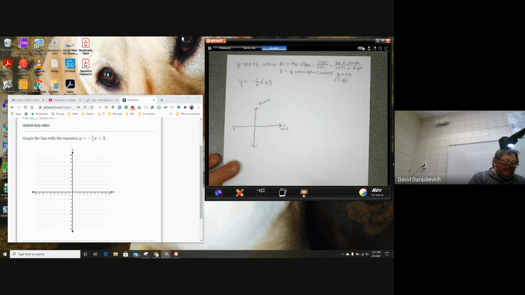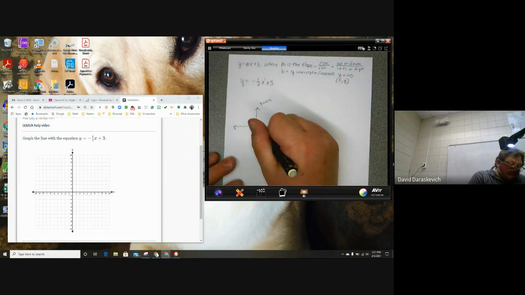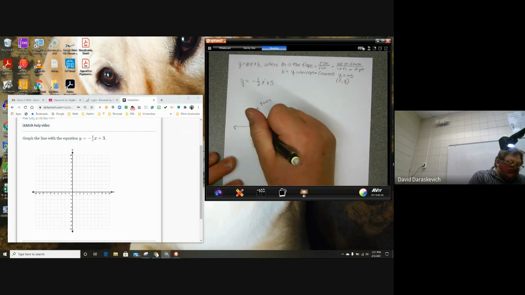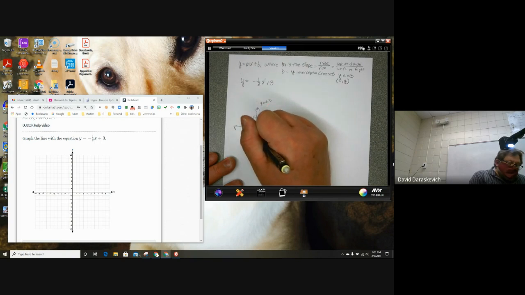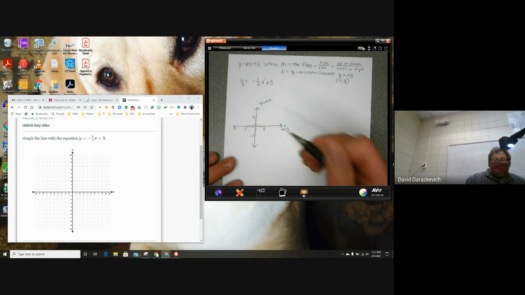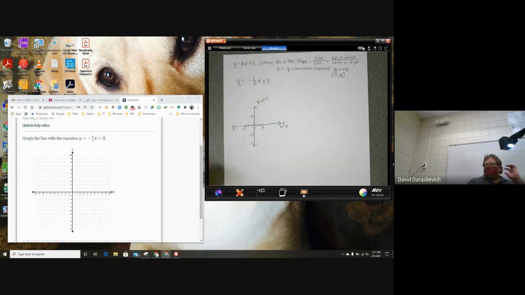Let's say I'm going to scale this: 1, 2, 3, 4, 5. Hopefully I won't need more than that. 1, 2, 3, 4, 5, and -1, -2, -3, -4, -5 on both axes. And I'm going to go ahead and graph this line, okay?